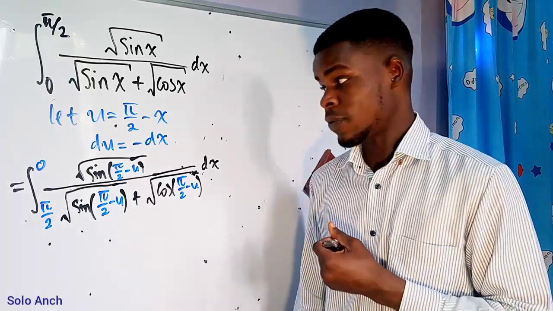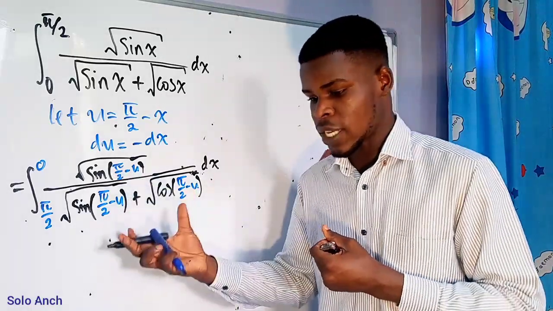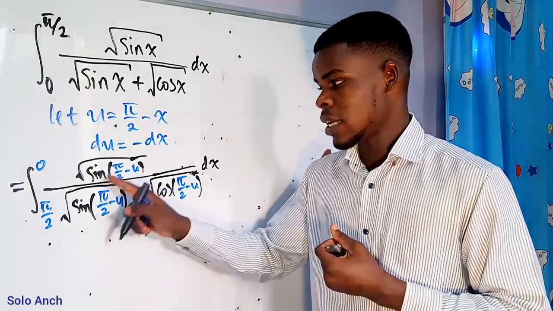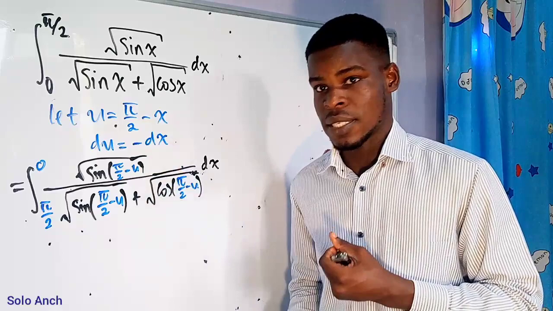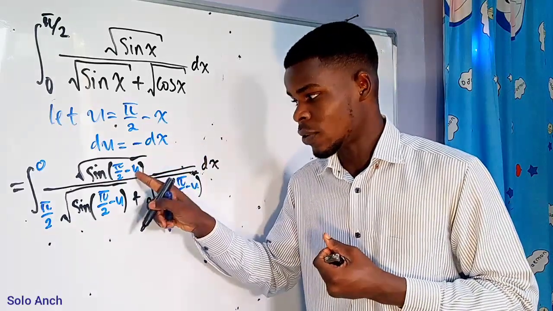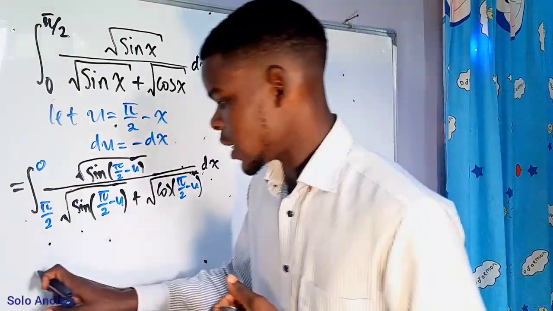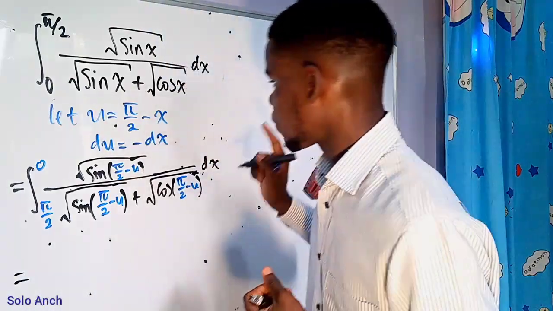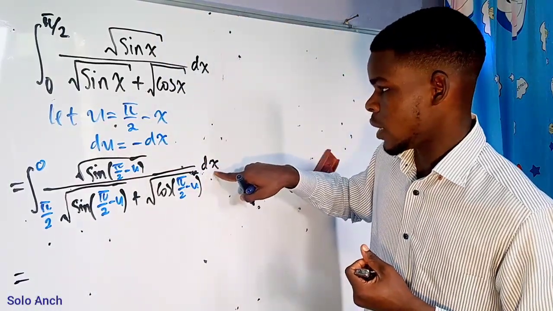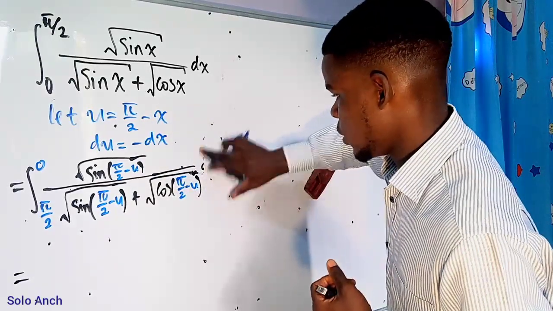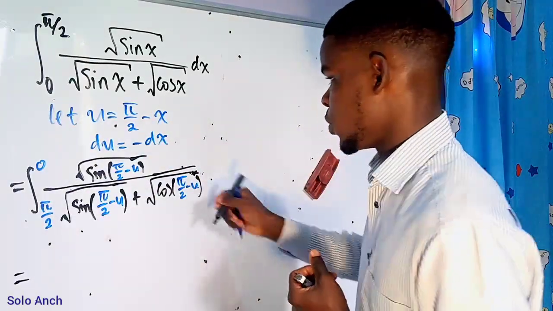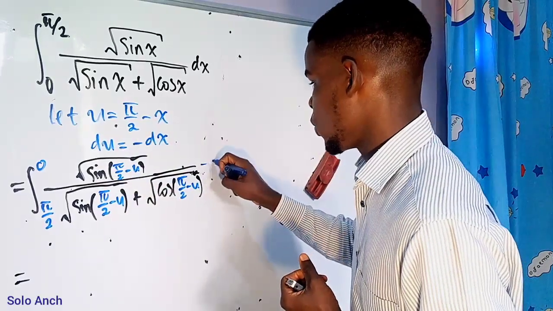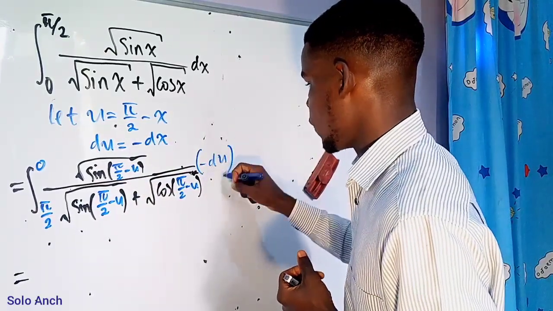Well, we know from the property of sine and cosine, which are co-functions at complementary angles, that sine of 90 degrees minus an angle is the same thing as cosine of that angle u, right? So using that fact, we are going to have this integral. Oh, this is dx. Let me replace it with du, so that we can use it to switch this. Notice this is negative, so when you put it, you're going to have negative du here.